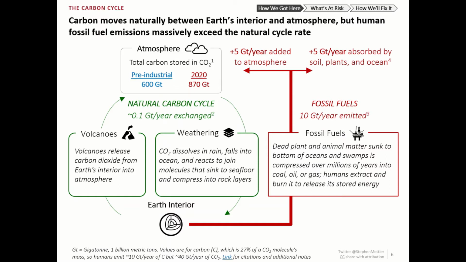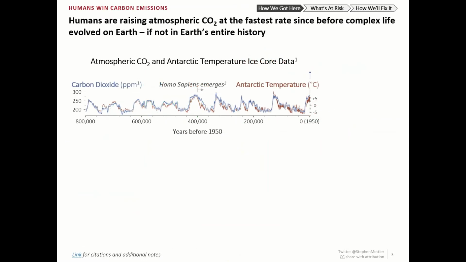Let's zoom out a bit to see how this massive surge in emission looks on the scale of recent history on Earth. This chart shows the atmospheric carbon dioxide in blue against changes in temperature in Antarctica in brown. And humans emerged about halfway through this 800,000 year history. So the two track each other pretty closely, and until the modern era, the highest that carbon dioxide had been was about 300 parts per million.